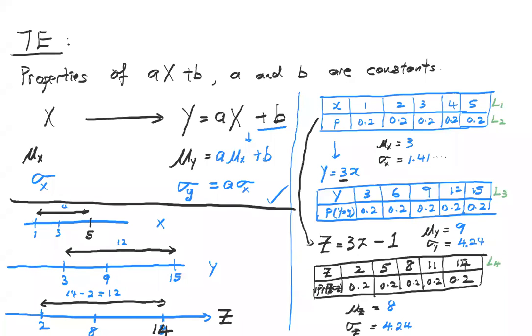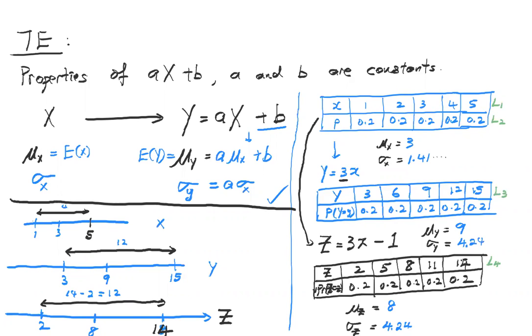If I change from one variable to another variable, and that variable is linked to the first variable, I don't have to calculate the mean and the standard deviation all over again. Are you clear? And for mean, we always say expected value. So if you see your textbook, you write like that. Do you get me? The key of 7E is this, talking about the relationship between two variables.